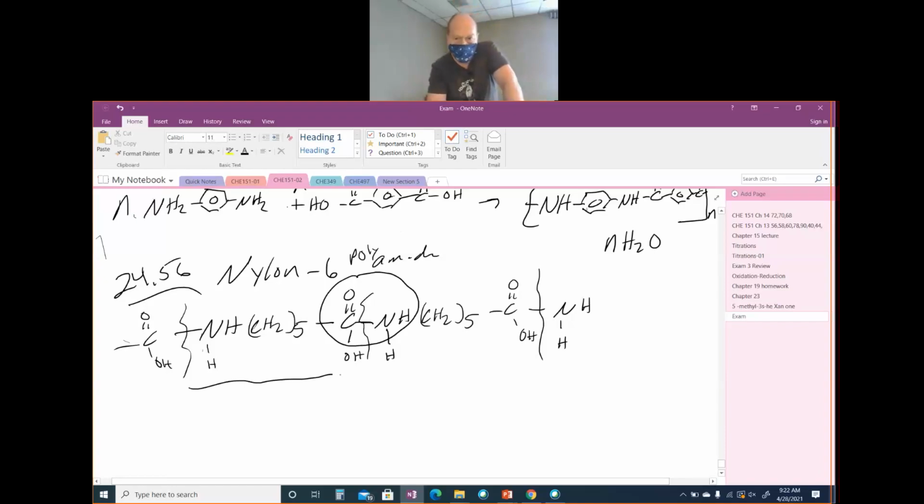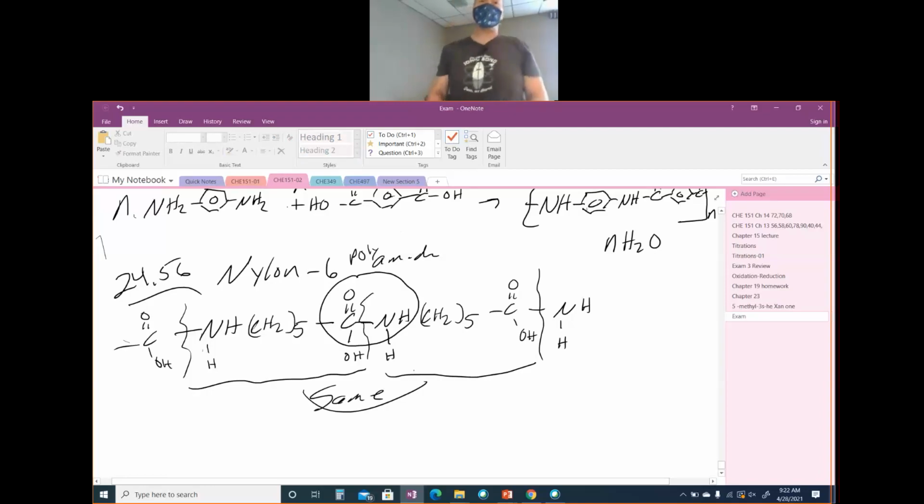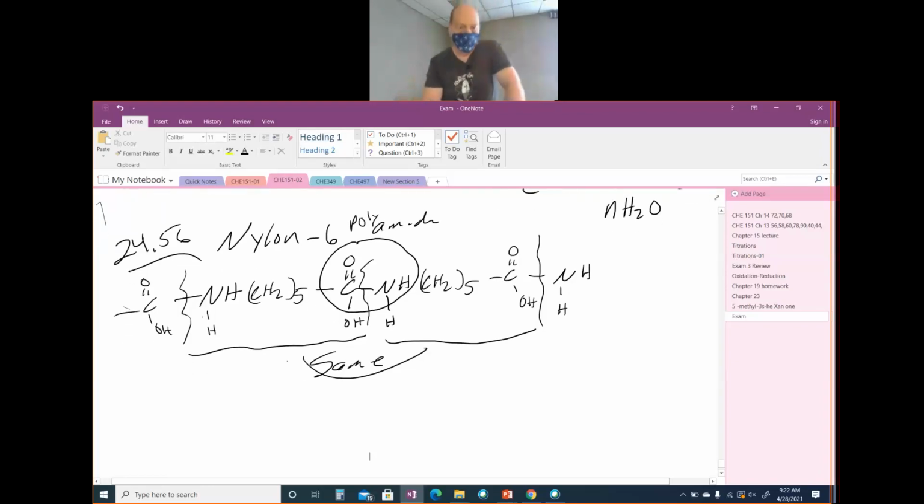So this molecule and this molecule are exactly the same. And so this does not have two monomers. This only has the one monomer. So you have a polymer made from just the one molecule, and that is your NH2, CH2 sub 5, C double bond O, OH.